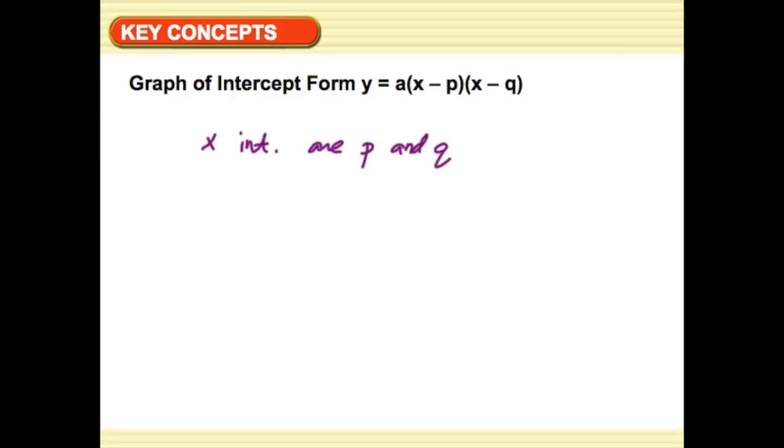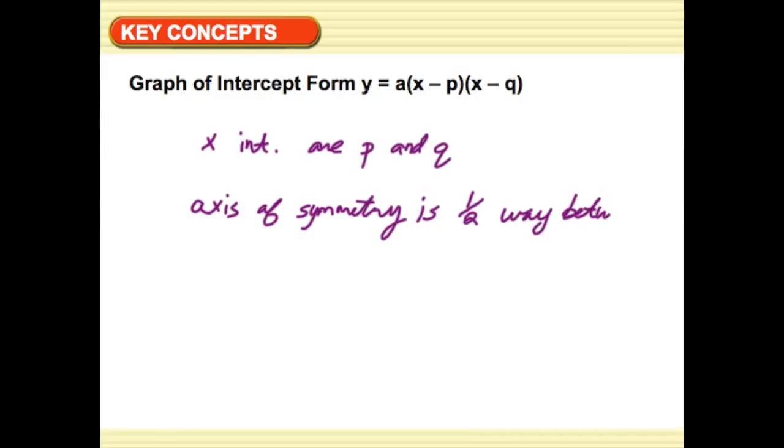The axis of symmetry is halfway between the points (p, 0) and (q, 0). And it also has an equation. My axis of symmetry has an equation of x = (p + q)/2.